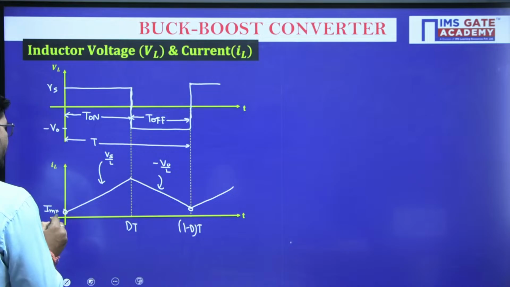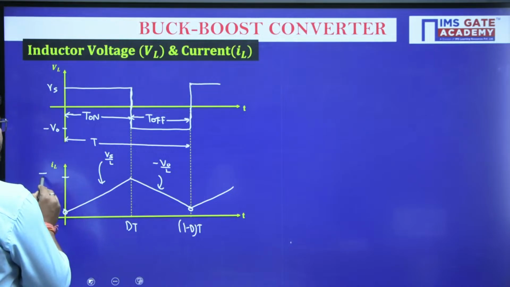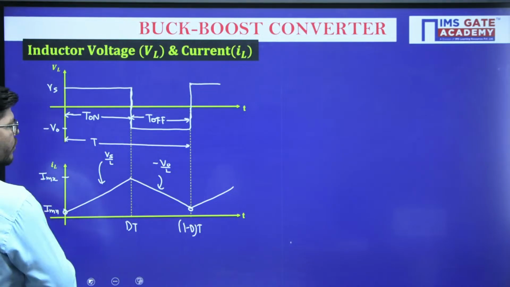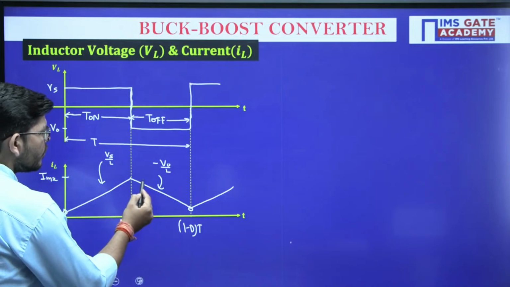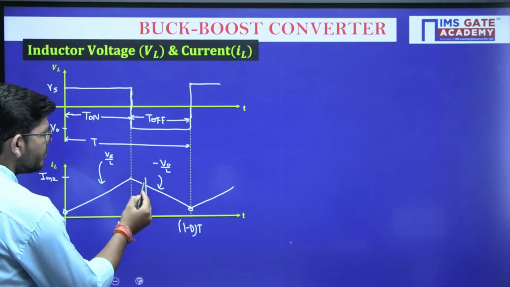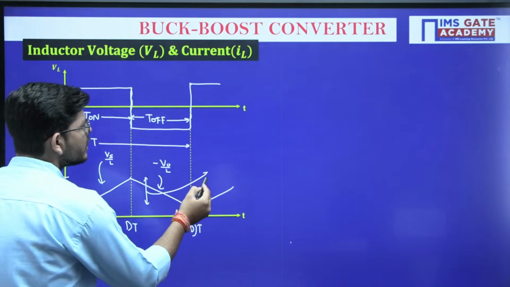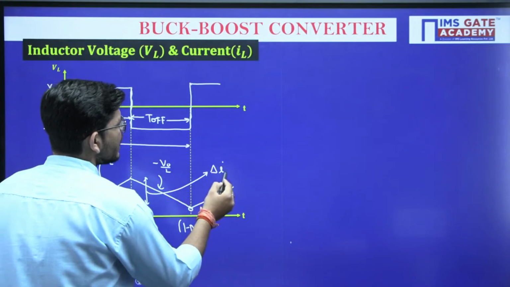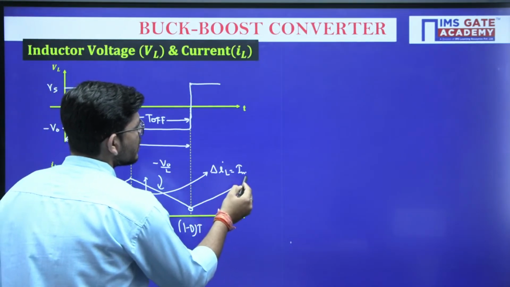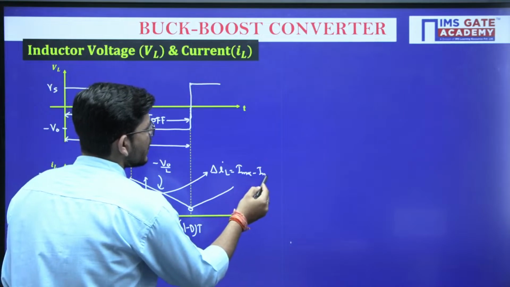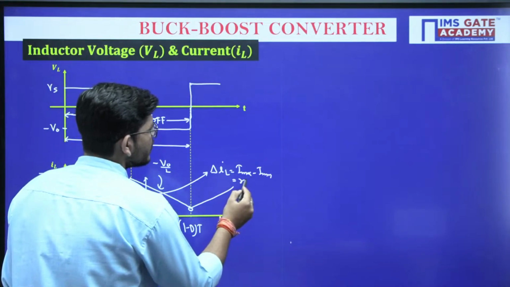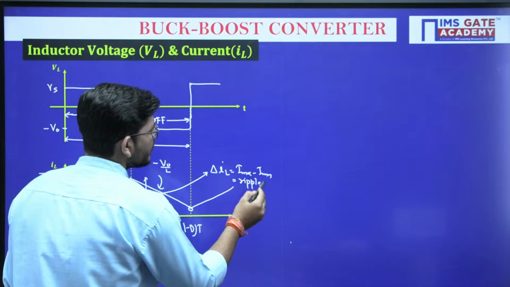This is the minimum value of inductor current, and this we call the maximum value of inductor current. The difference between the maximum and minimum value indicates the ripple, del IL, which is I max minus I min, called the peak to peak ripple current.